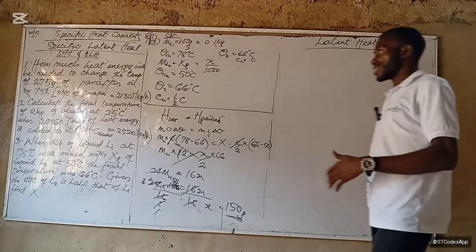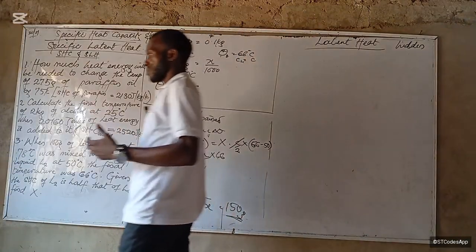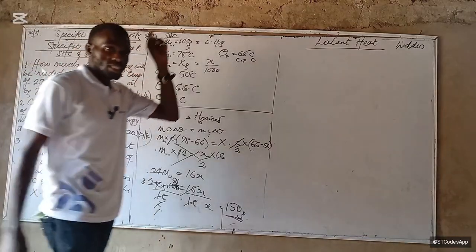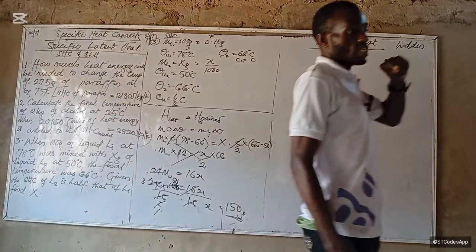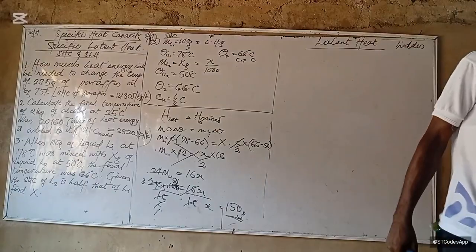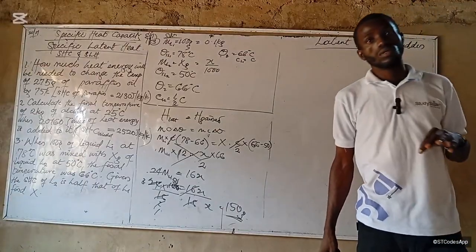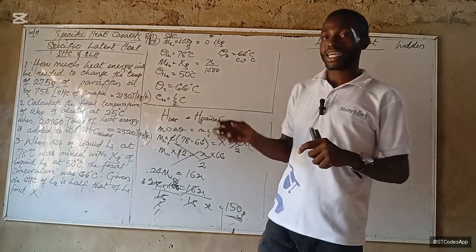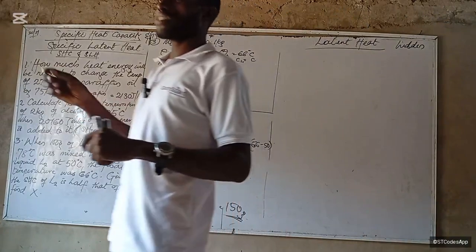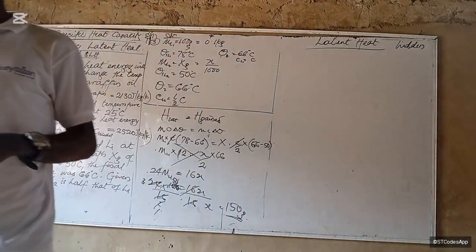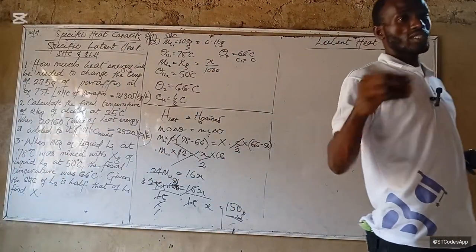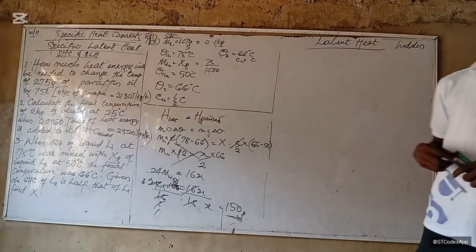So whether it's SLH or LH, it's the same. Latent heat is described as the amount of heat energy needed for a change of state to happen in a substance.